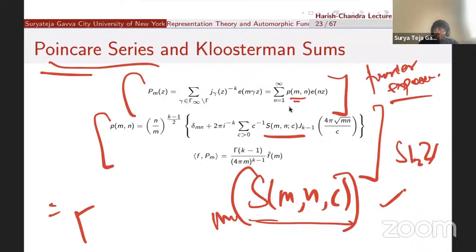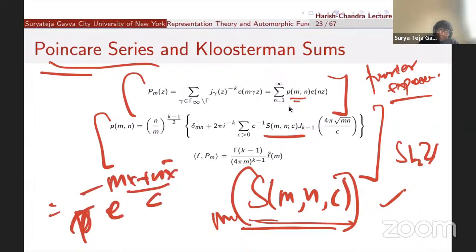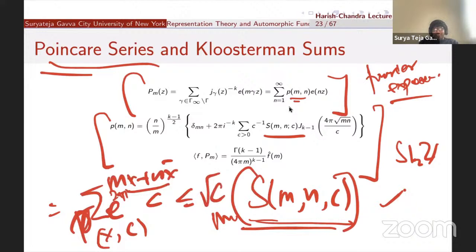So for instance, these Kloosterman sums are so nice. These are exponential sums that look like the sum over x mod c of e to the 2 pi i (mx plus n x-bar) over c. This is a sum of approximately c terms, but you can prove that it has absolute value at most square root of c. So it has square root cancellation, and these are very nice. A lot of number theory goes into proving such a fact, that a sum of c terms is only of absolute value square root c.